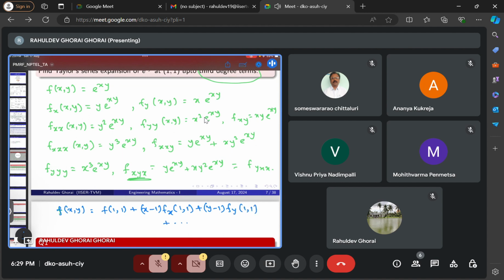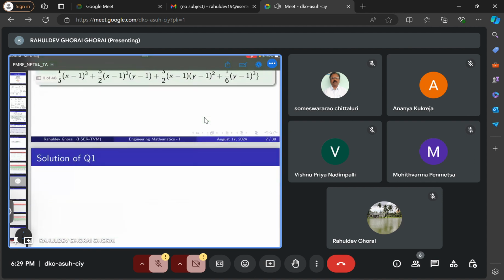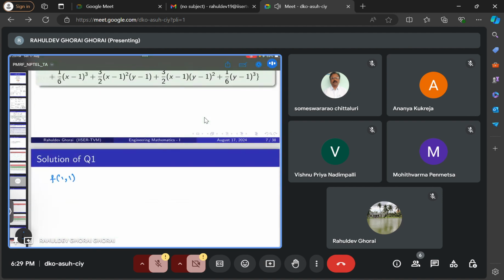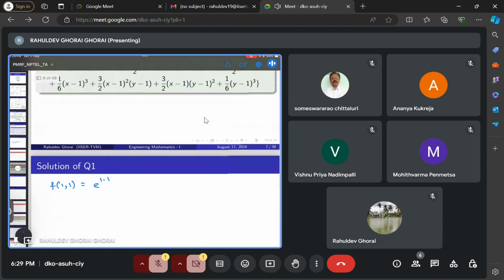Okay, so we'll see the thing. So what will be f of 1? Now f of 1 is nothing but e to the power 1 times 1, because e to the power xy, so f_x and f_y will be also e. So f of 1 is e, f_x at 1 will be also e, equal to f_y at 1.